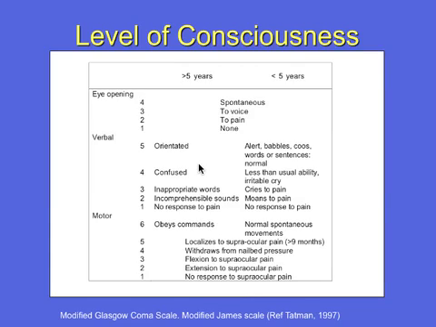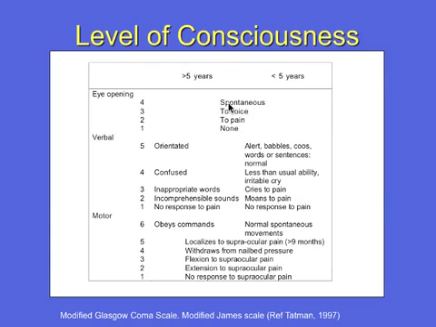Firstly, the original Glasgow Coma Score applied to older children, but it has been modified so that we can now apply this to younger children. And the components are eye-opening, verbal response, and motor response. And you can see that the maximum scores of 4, 5 and 6 mean that a GCS of 15 is the maximum that you can reach.